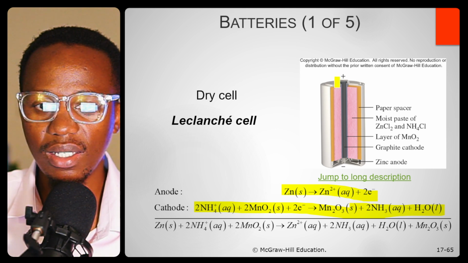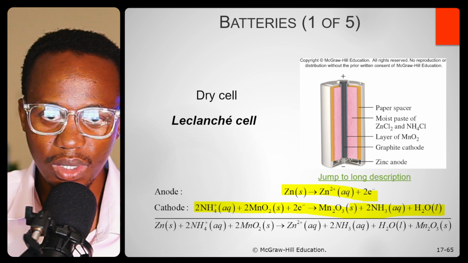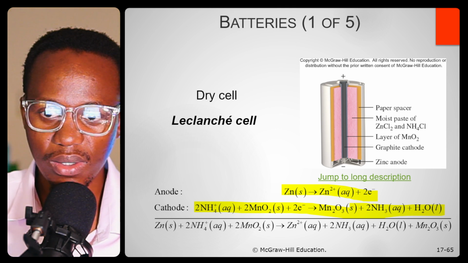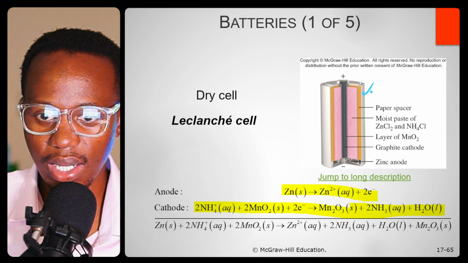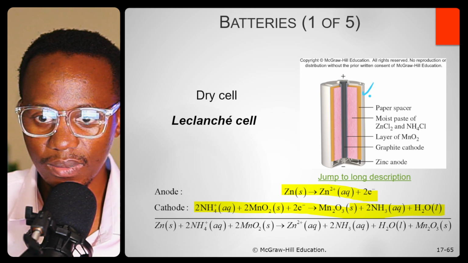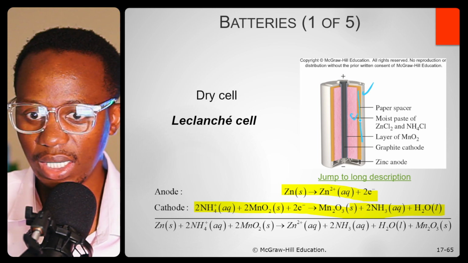But then it's dry, so it basically uses dry electrodes. So you have a zinc electrode outside, then you have a moist paste for the other electrode, and then you have a paper spacer in between. That's literally it.